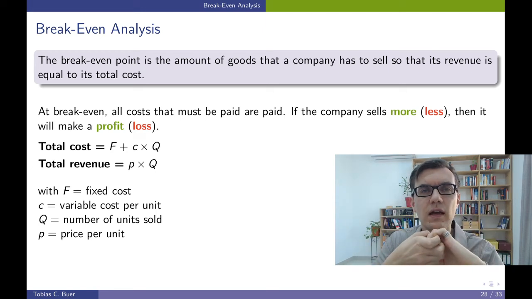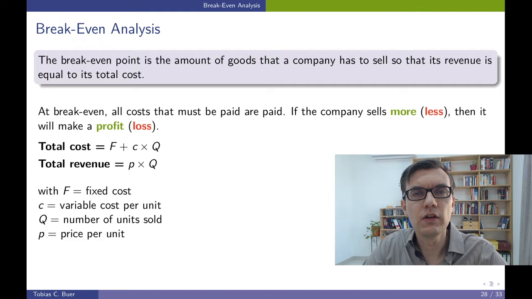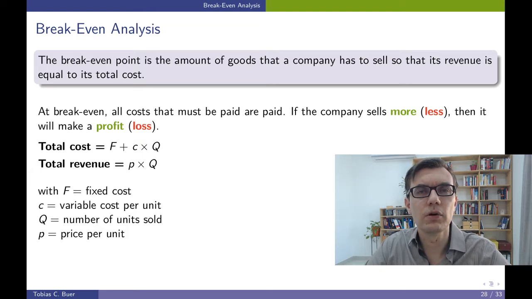Revenue and total cost are equal. So if we know the break-even point, then we know how much to sell in order to at least not make a loss, and how much to sell in order to make a profit.